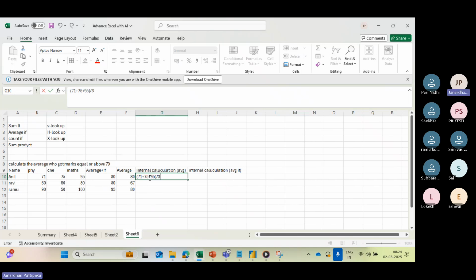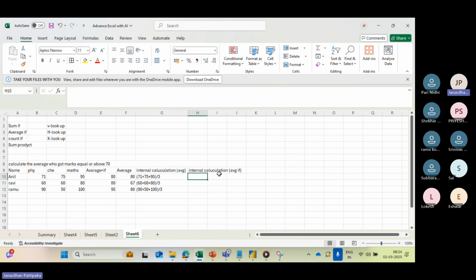It will calculate like this for the normal average. For this also, it will calculate 60, again 60, 80, and it will divide by 3. This is the normal average. For this also, it will calculate 90 plus 50 plus 100 by 3. It will calculate the average because this is internal calculation.